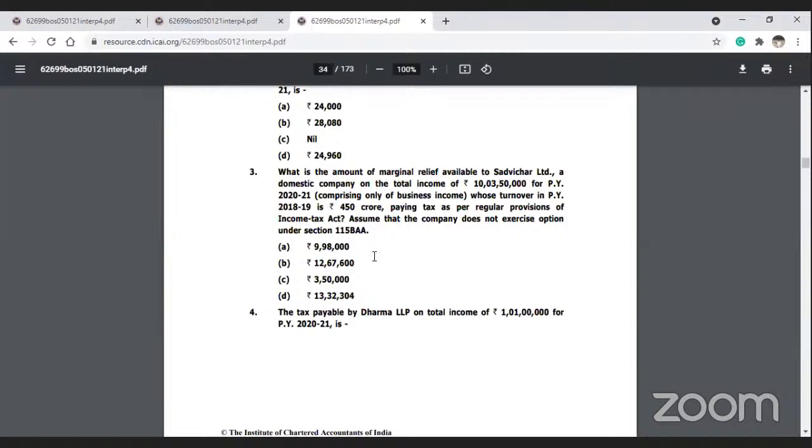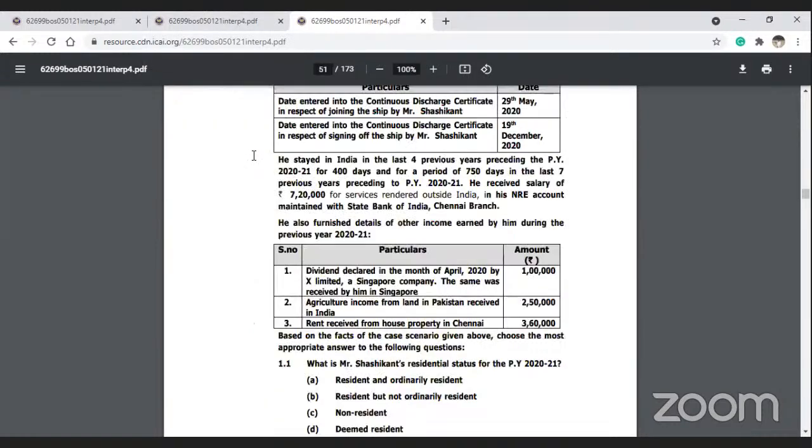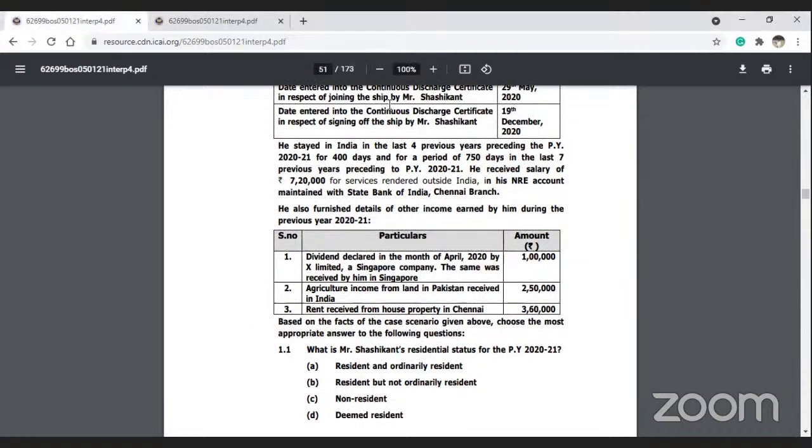They have given in the corrigendum: in the dividend declared and received, the amount may be read as 1 lakh instead of 90,000. So the correct answer is 1 lakh, and the consequential changes on account of the above have been made in the MCQs and the answers. In addition, in MCQ 1.3, minor son may be read as minor married daughter.